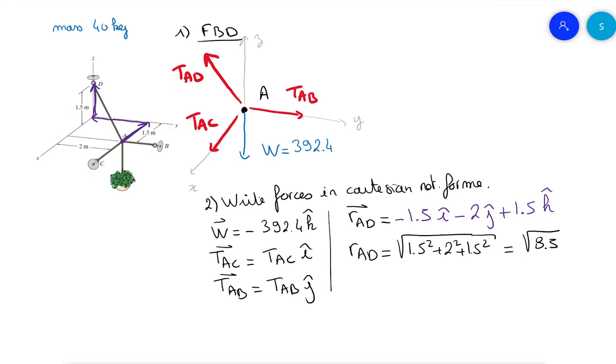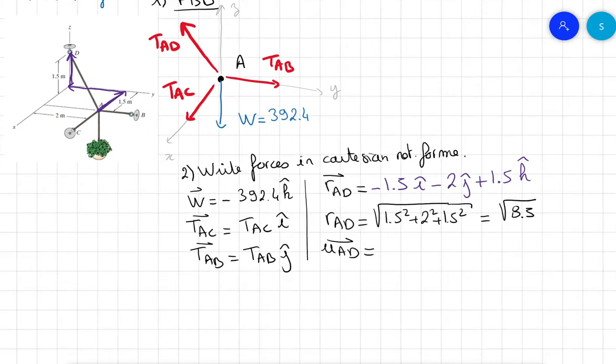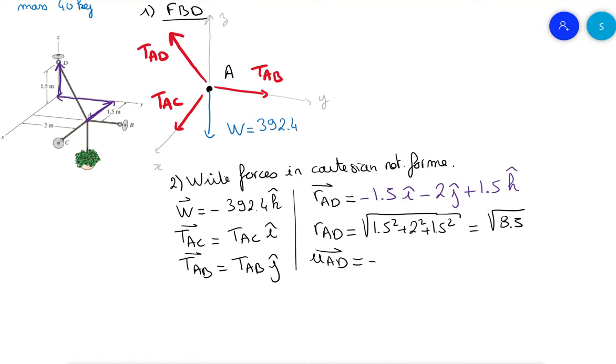So we can write the unit vector UAD. That is the vector RAD divided by the magnitude for each component. So we have minus 1.5 divided by the square root of 8.5 on i hat, minus 2 divided by the square root of 8.5 on j hat, plus 1.5 divided by the square root of 8.5 on k hat. That's for the unit vector.